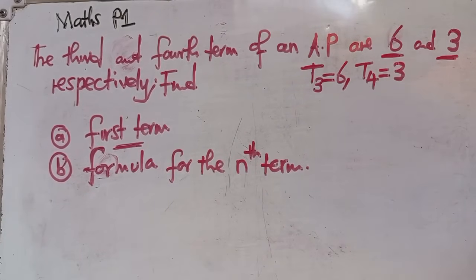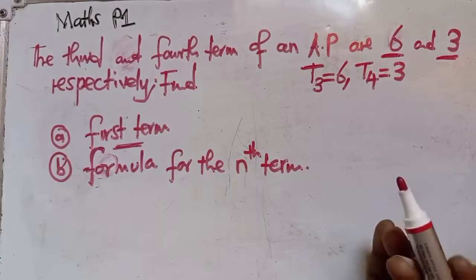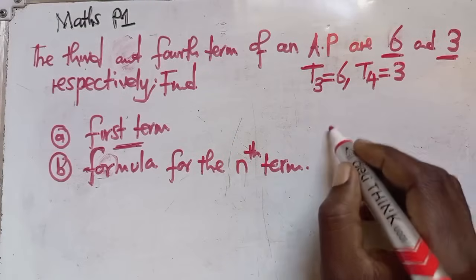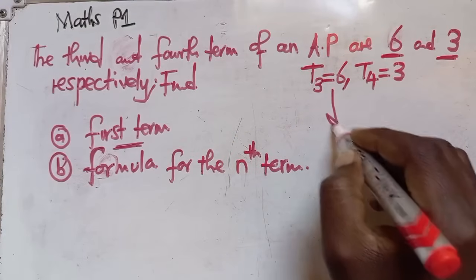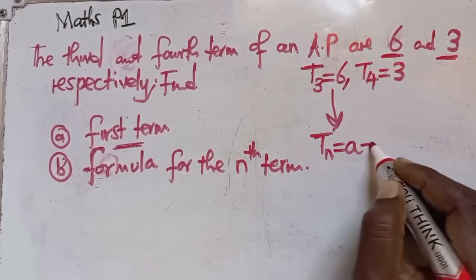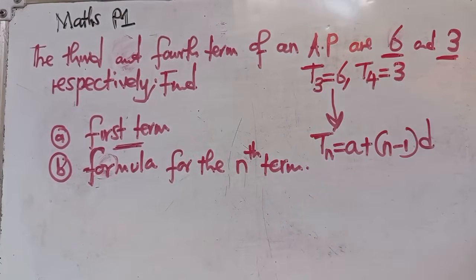We need to use the formula for the nth term, because we are told the third and fourth terms. The formula for the terms is Tn = a + (n - 1)d.